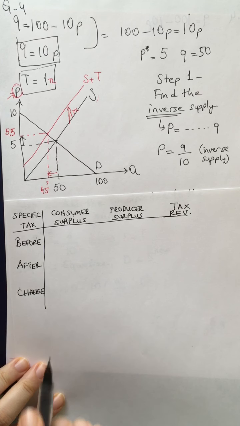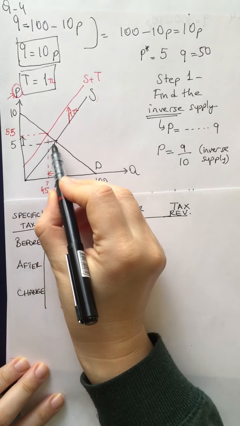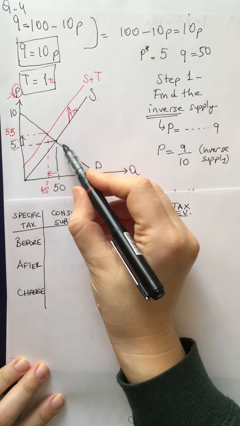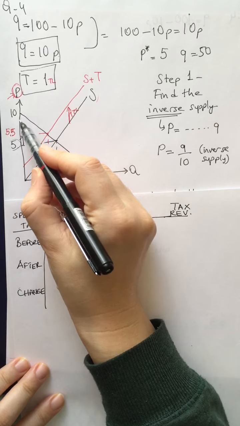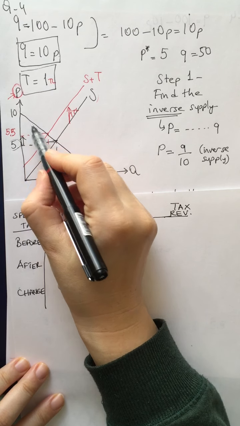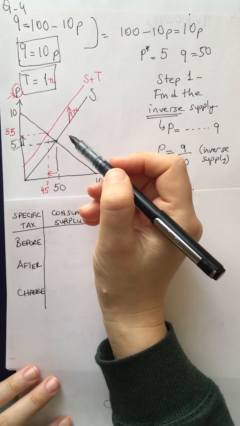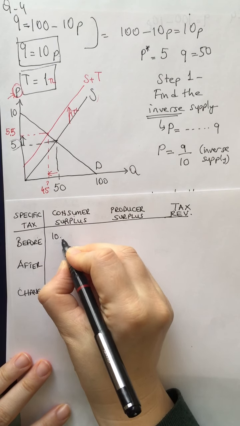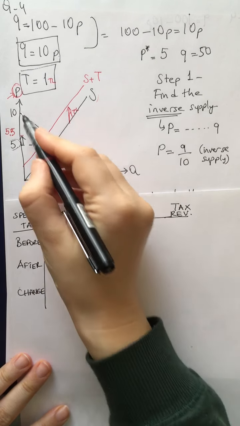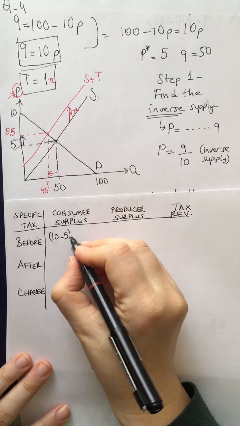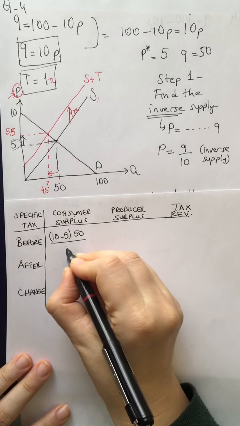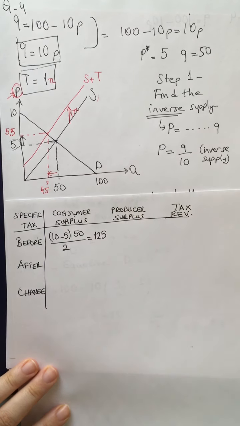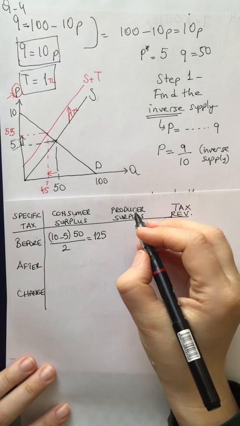Start with consumer surplus. The consumer surplus before is the area between the equilibrium price and the demand function. So this triangle area will give us the consumer surplus before the tax, which is 10 minus 5 times 50 over 2, which is 125, just the same as the other questions.